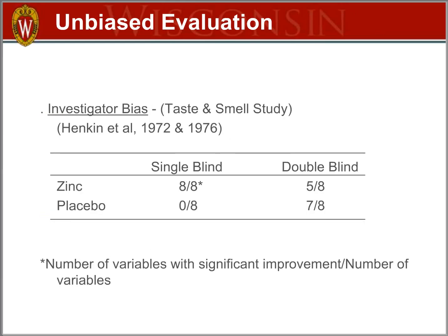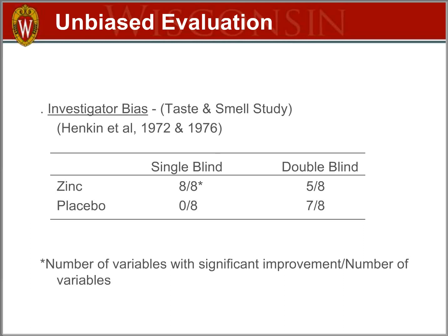A little example about the impact of bias of an investigator. This is a study which I actually participated in, part of it, a taste and smell study. It was published in 1972 and also in 1976. In this case, the investigator, Dr. Henkin, observed that patients who had taste or smell abnormalities had low serum zinc. So his approach was to increase serum zinc and evaluate the patient's success on taste and smell.